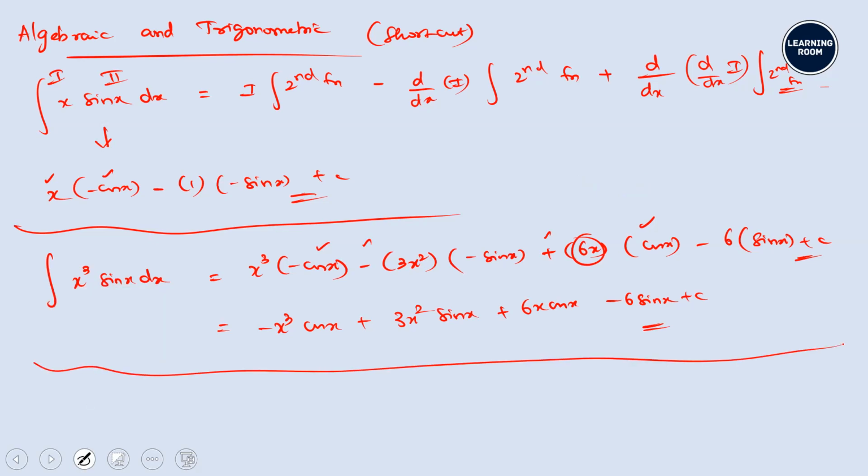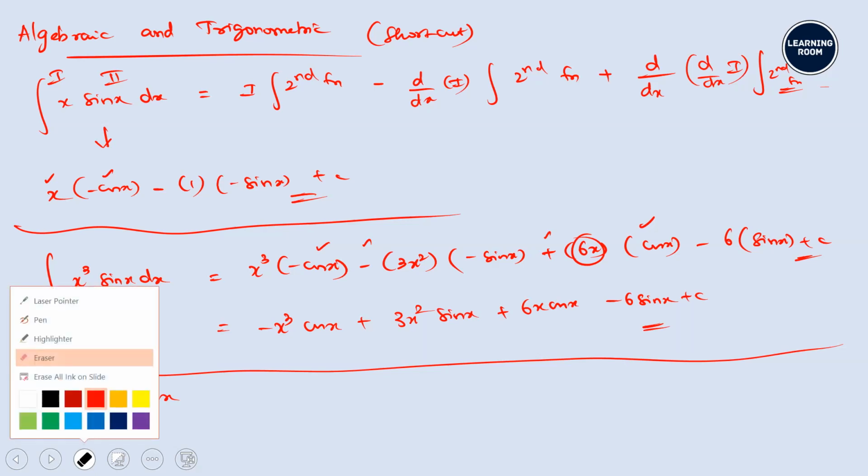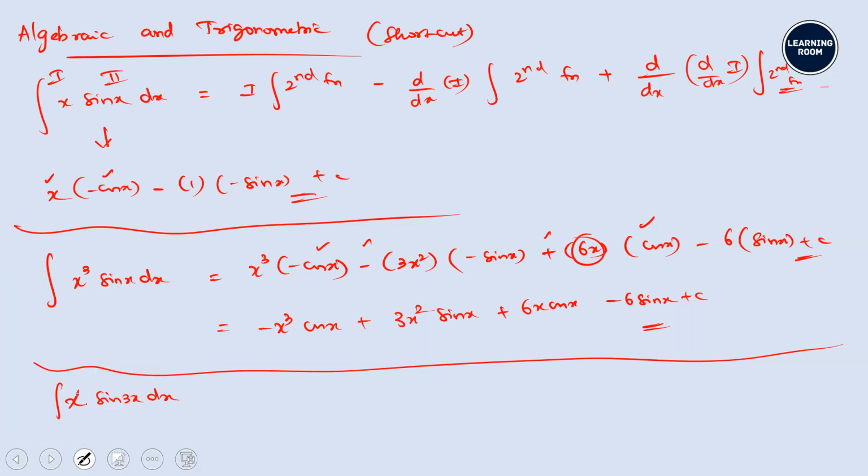Okay. Similarly, we did another problem, what was the integral of x cos 3x. X square sin 3x. Right. X sin 3x. Okay, x sin 3x. What will be the answer?